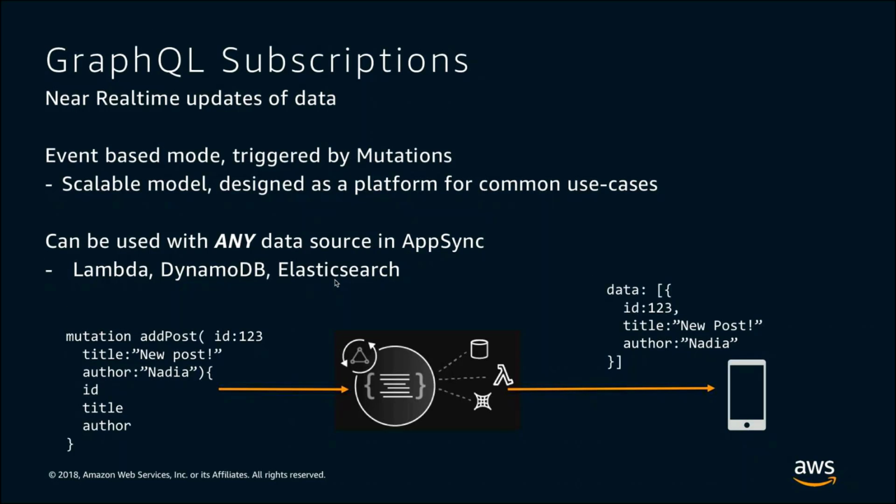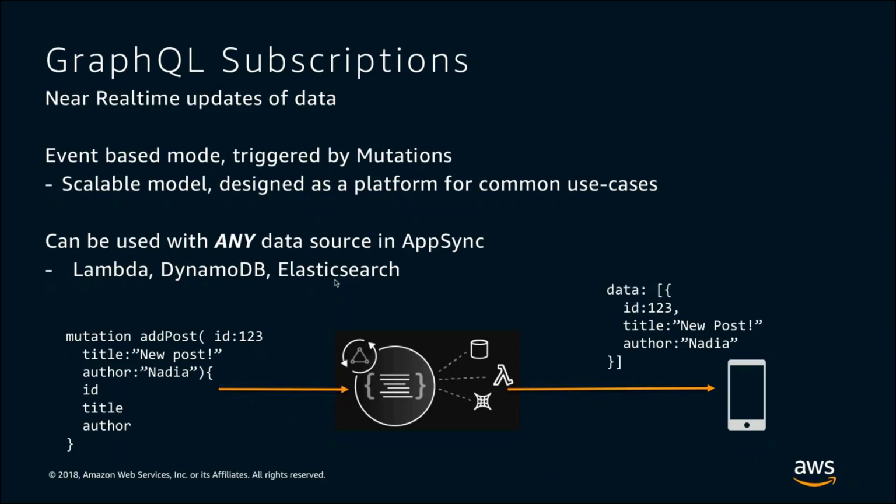Next thing is about GraphQL subscriptions. So what are GraphQL subscriptions? They are a mechanism by which you can transfer real-time updates from your backend to your client. With AWS AppSync, this subscription is event-based, and it's triggered by mutation.